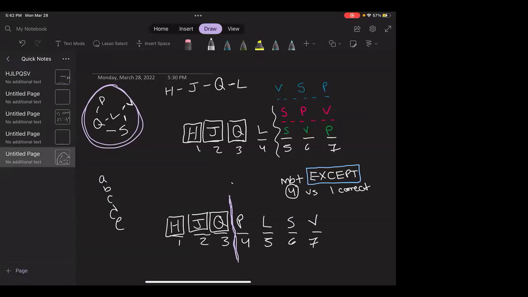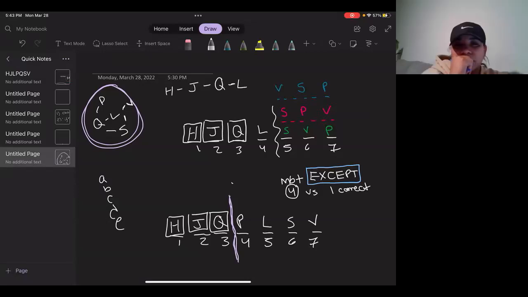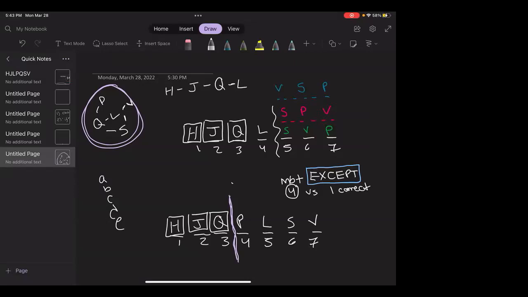And we know L is before V and S. Oh, okay, got it. So again, it's ultimately creating a chain. But regardless, Q has to be in front of P, L, S, and V. The only thing is that Q doesn't connect P and L together. So P could come before L, or L could come before P.